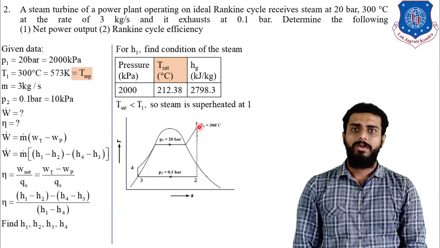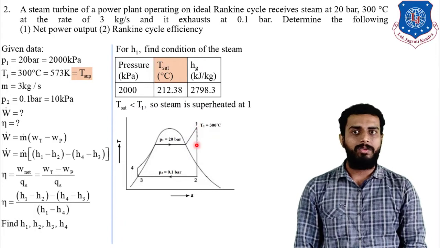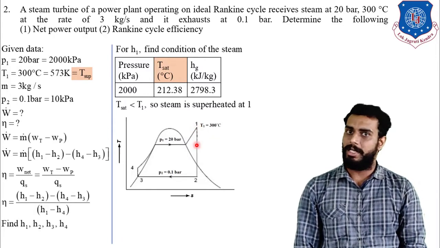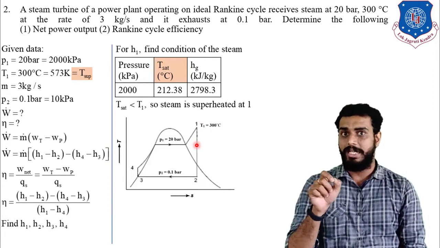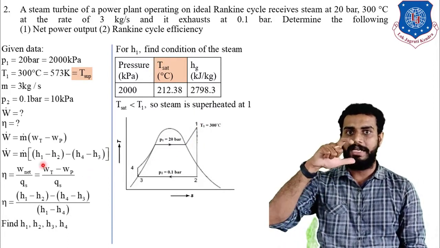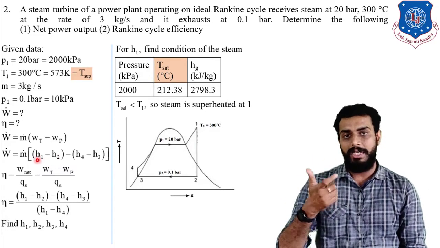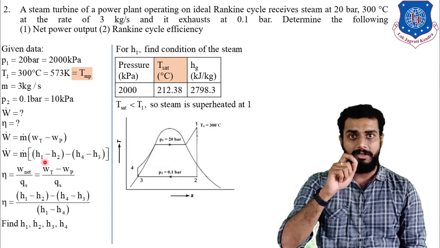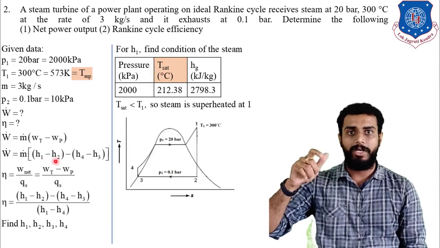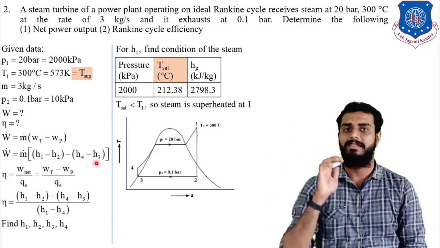So now I will write down the equations for turbine work and pump work. What is the equation for turbine work and pump work, students? Now you can appreciate that the turbine is located between points 1 and 2, so turbine work will be equal to H1 minus H2. In the same way, the pump is located between points 3 and 4, so pump work will be equal to H4 minus H3.